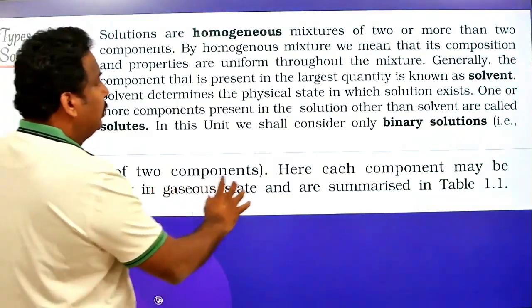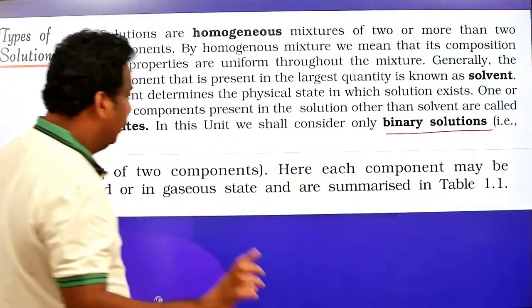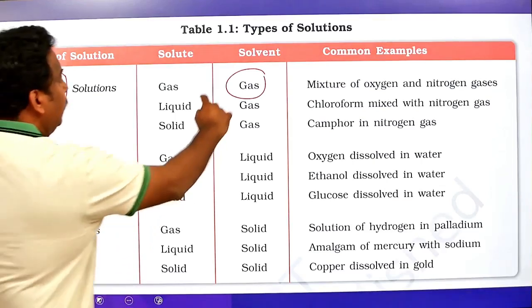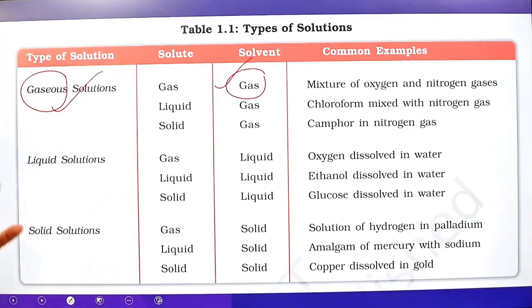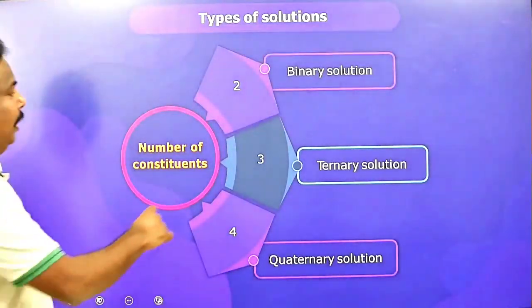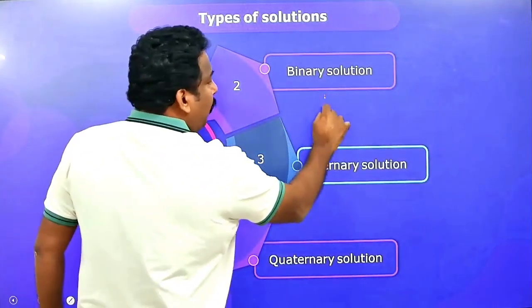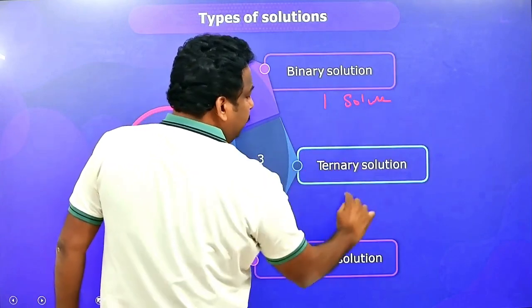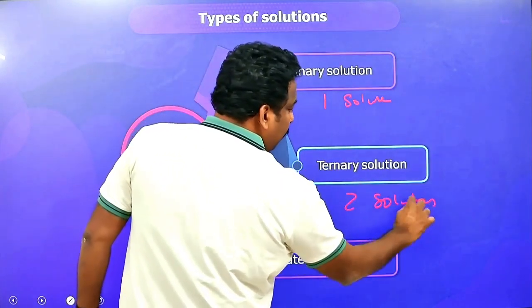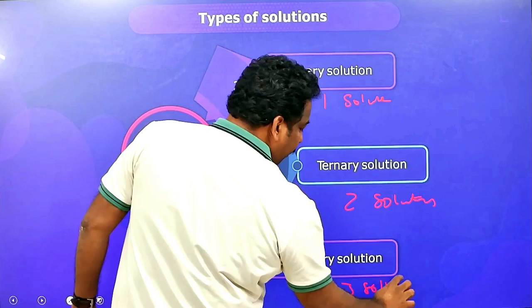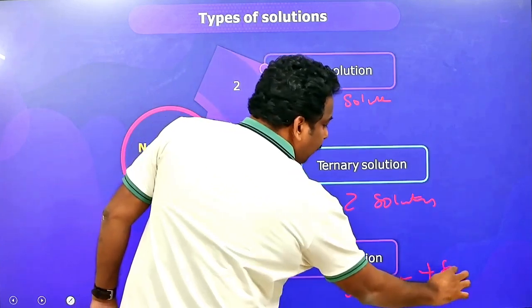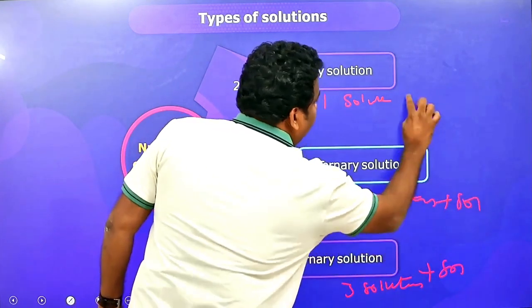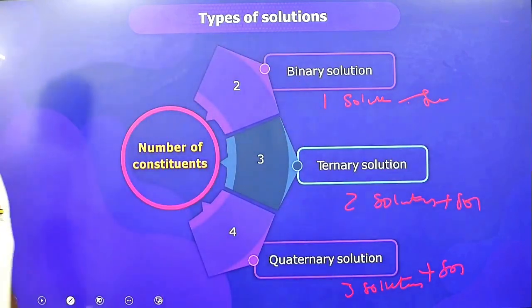And we are going to study only binary solutions, understood. This is one solute, this is two solutes, this is three solutes, plus solvent, plus solvent, plus solvent, over, understood.